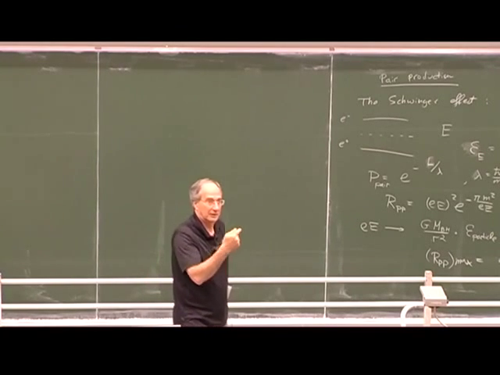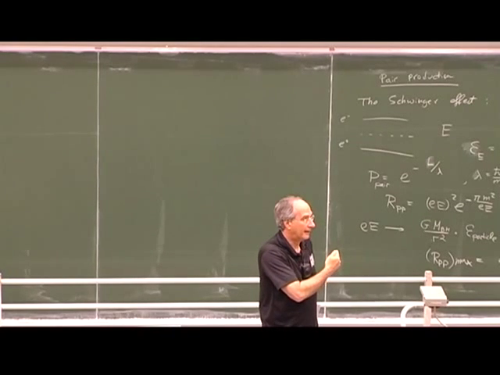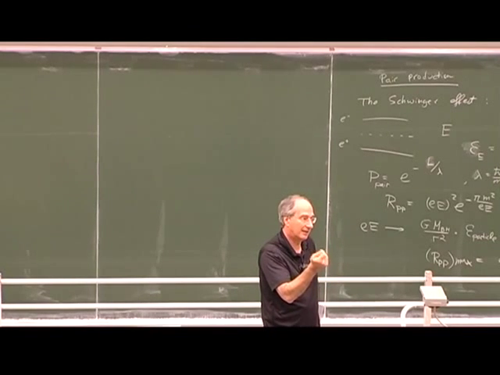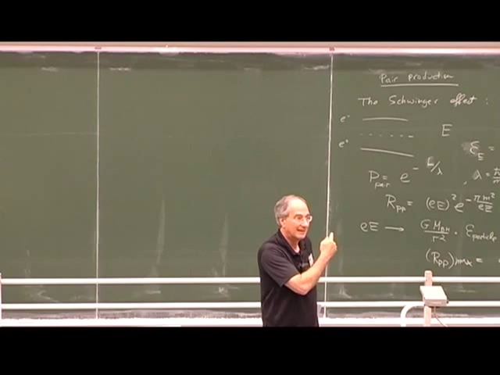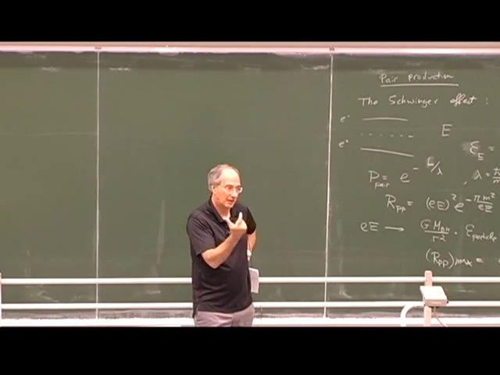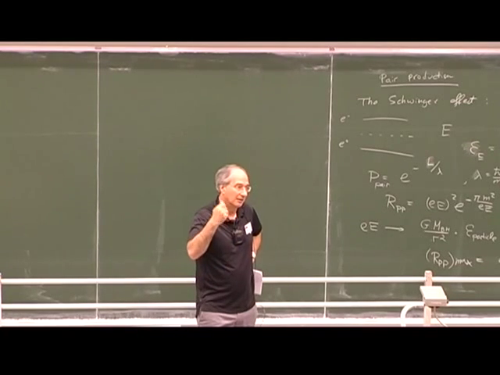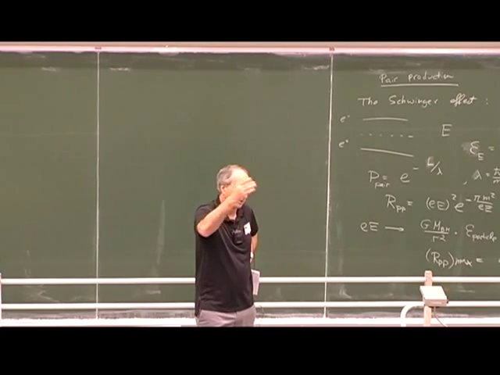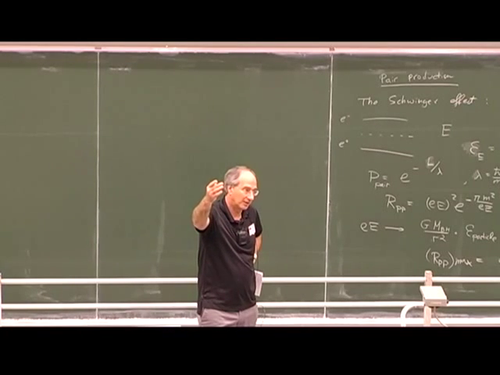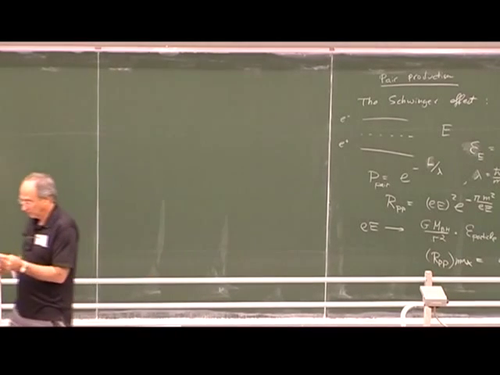In the next lecture, I would argue that part of the unclarity associated with the firewall is that the number density of the modes that exist near the horizon is much lower than the usual estimate that assumes that these modes stay forever near the horizon. Okay, so all of that is important.